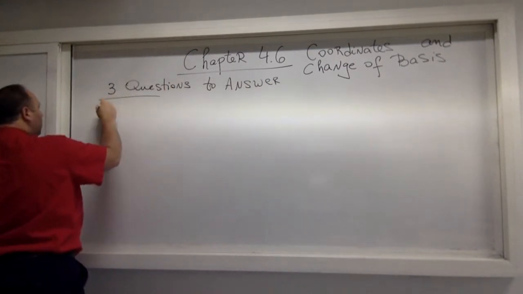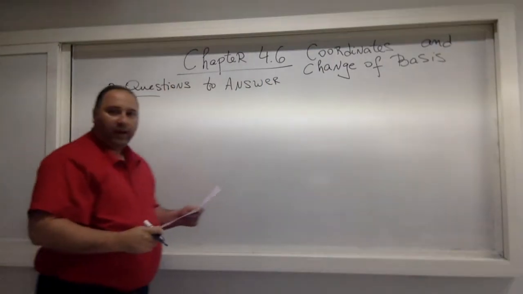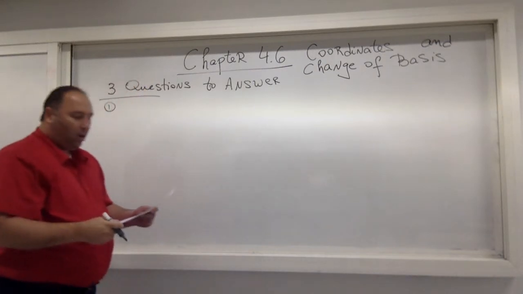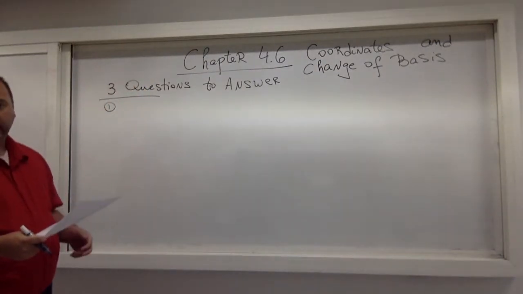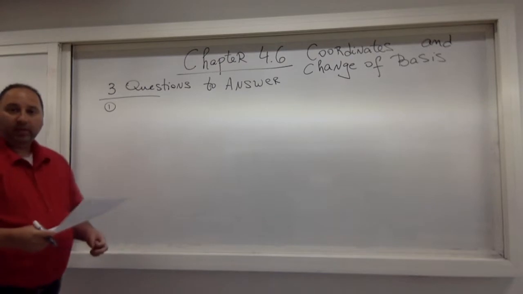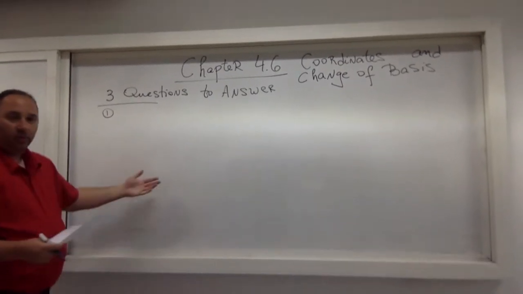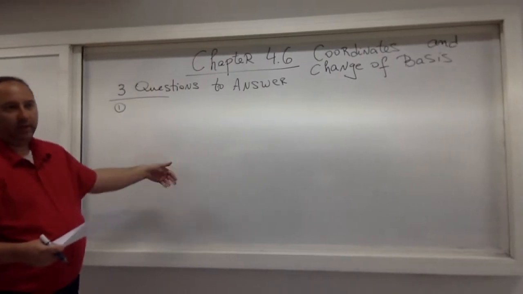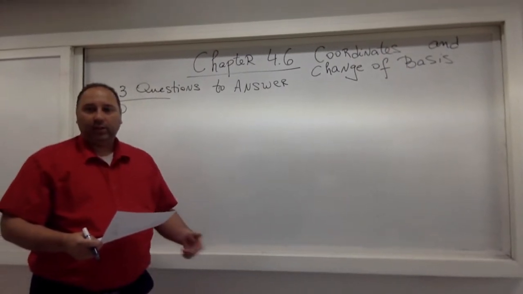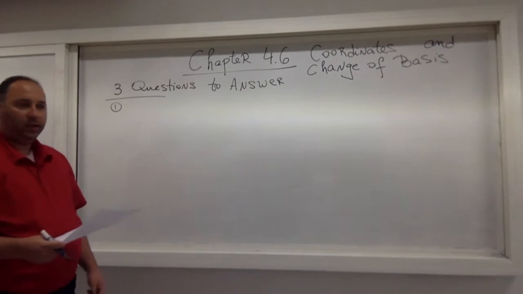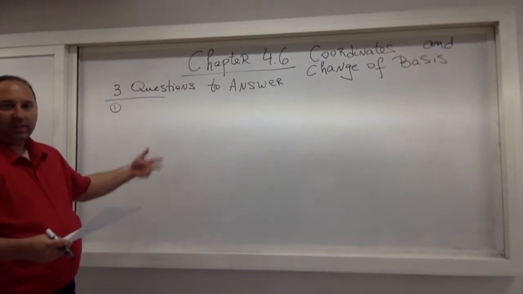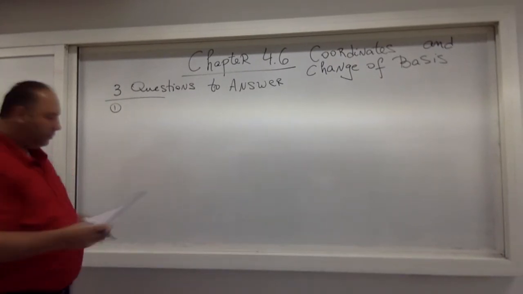So question 1 is how to find coordinates of a given vector in a linear space in a given basis. Every linear space has infinitely many bases. So the question is, if I give you a vector v living in a linear space W, and I ask you to find me the coordinates of that vector in a basis B1, how do you do it?